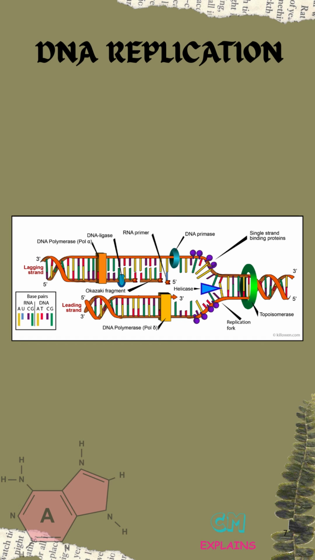Once it has been unzipped, the SSB proteins, or single strand binding proteins, prevent the strands from rejoining, hence keeping them in place. The topoisomerase enzyme relieves supercoiling ahead of the replication fork by cutting and rejoining the DNA.